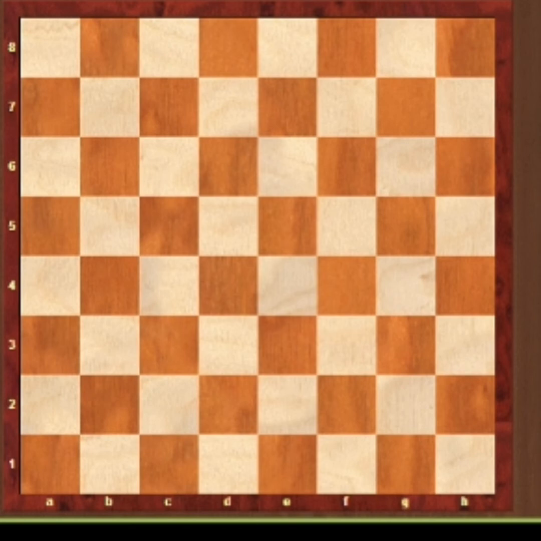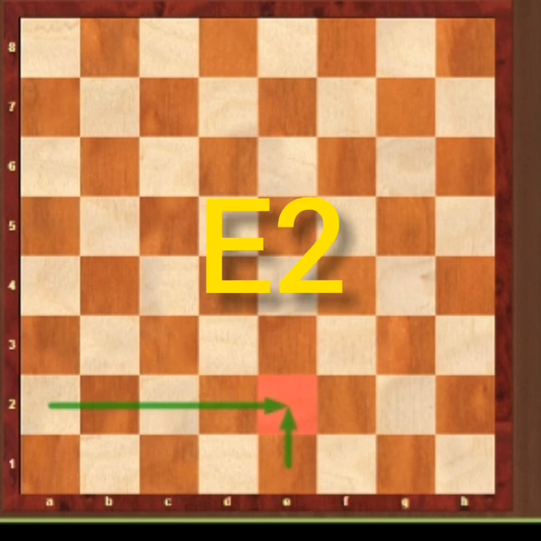What I do mean is, if we highlight this square over here, we can work out, looking at the file that it's on, the E file, and it's also on the second rank. So this square is E2.